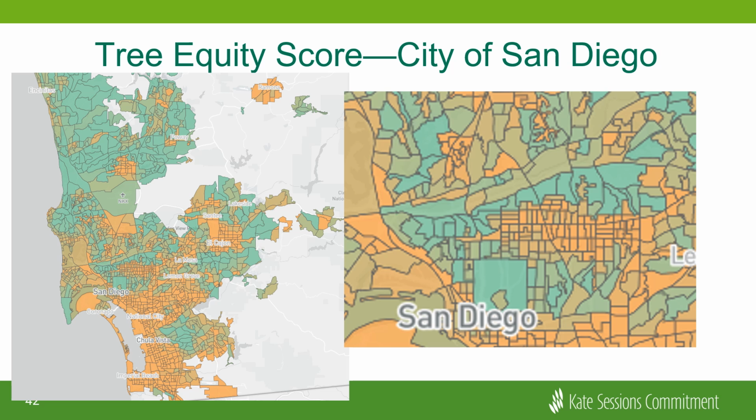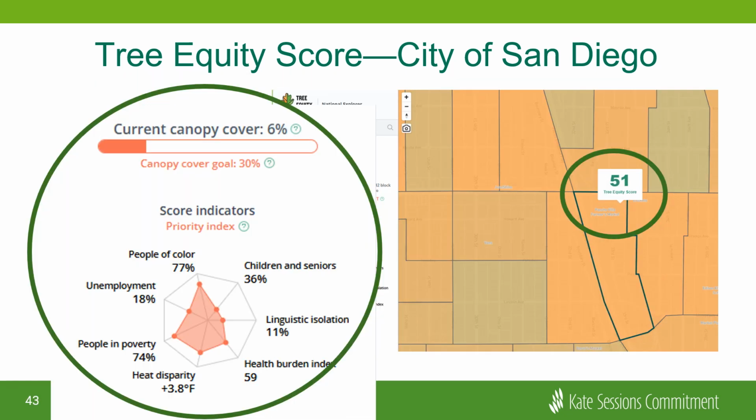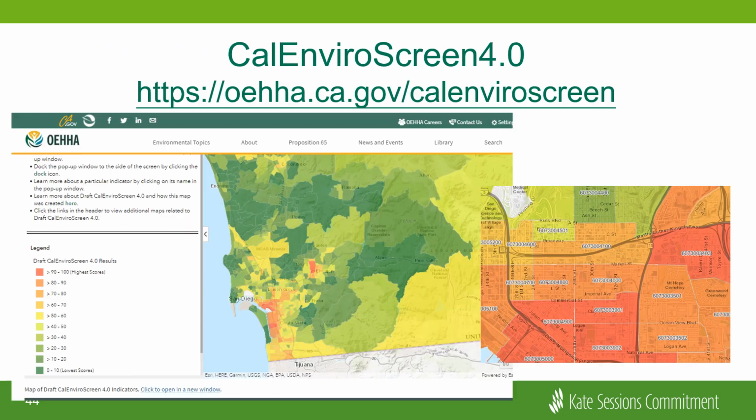They are shown as orange for low scores and green for higher scores and more trees. Scores below 100 have less tree canopy and more demographic inequities than the average census block in the city of San Diego. Zoom to individual census blocks and see the current canopy cover and selected census data for that block.